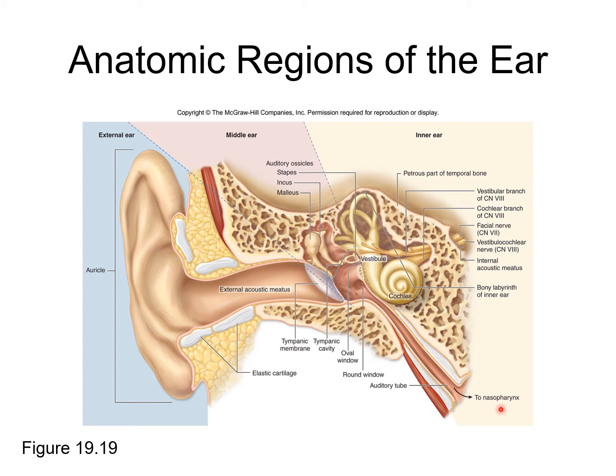There's a mucosa lining your middle ear, and it's the same mucosa that also lines the auditory tube. Because your middle ear is connected with your throat, sometimes when you are sick and you get a sore throat, the infection can move from your throat into your ear.